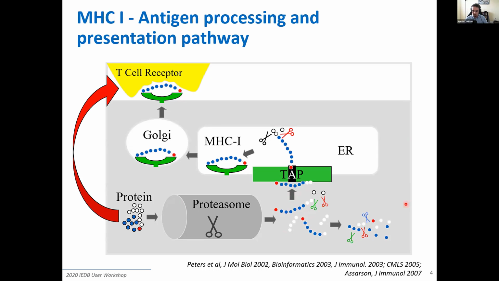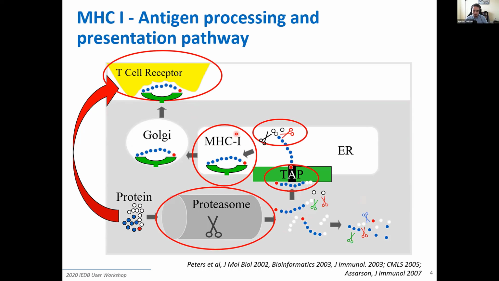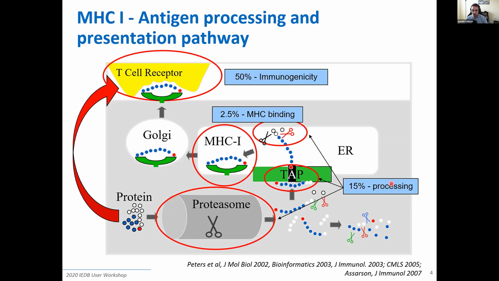So ultimately, you have the antigen processing pathway where individual peptides inside a protein are presented on the cell surface to T cells. And these processes are not random. They're specific to certain peptides in the proteins. The reason that we stress MHC binding is because this is actually the most selective step.